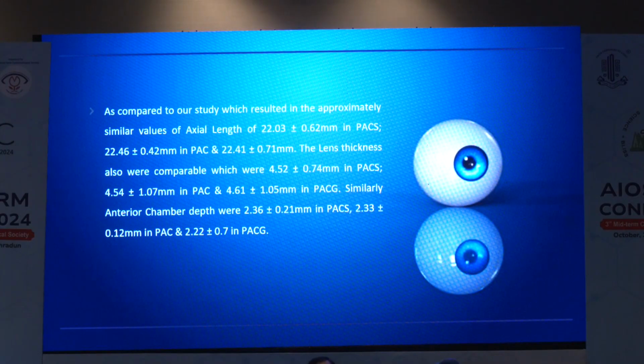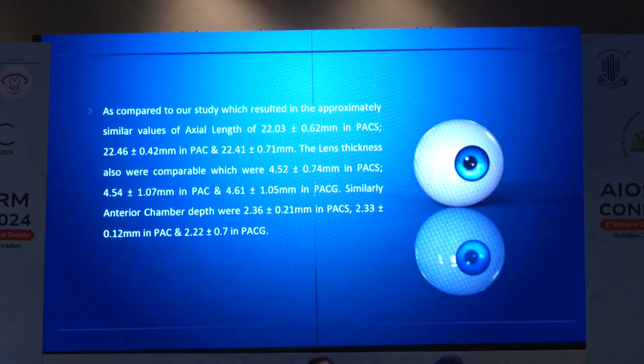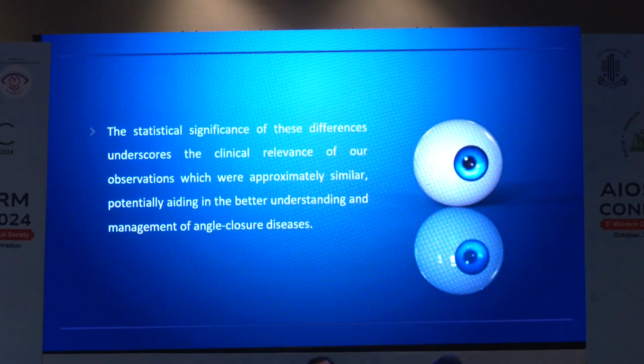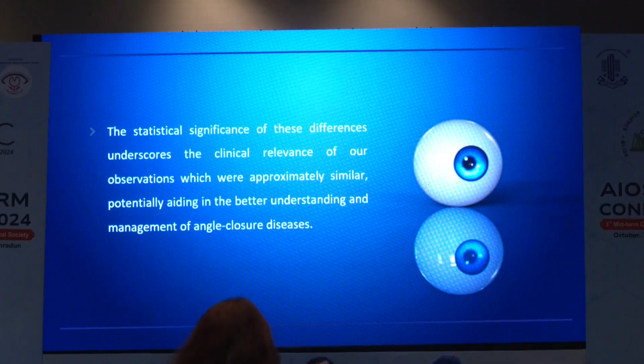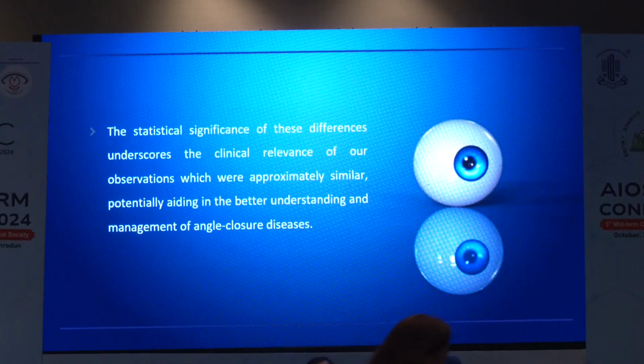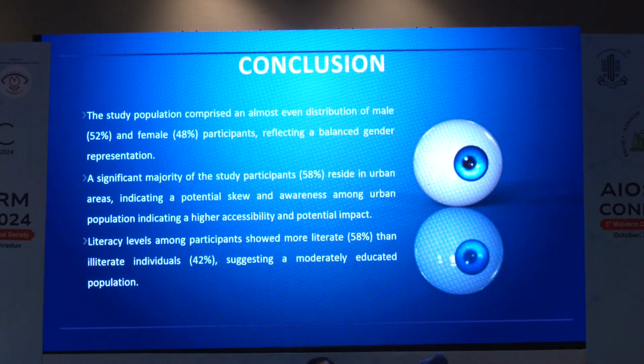Our study resulted in approximately similar values. The statistical significance of these differences underscores the clinical relevance of our observations, potentially aiding in a better understanding of the management of angle closure diseases.